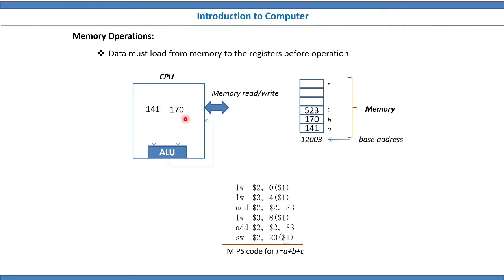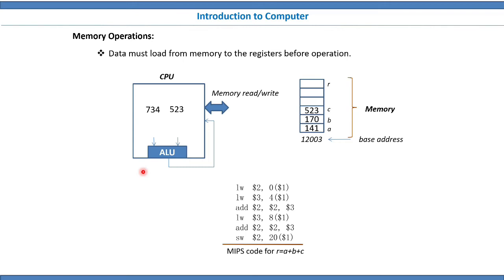It will add these two and store the result back to register 2. Then there will be another load instruction which will load the content of c, here 523, and then another add instruction which will add, and the final result is 734. After this final result is here, the last store instruction will store the content of this register back to memory. So this is how a computer works basically.